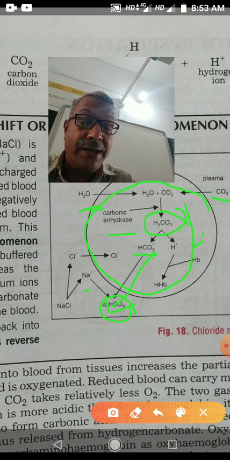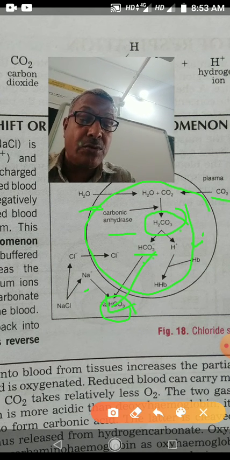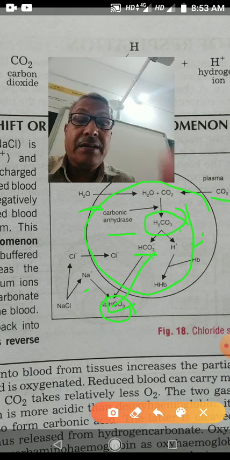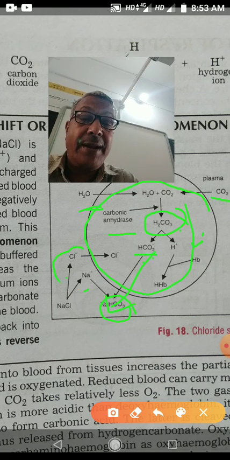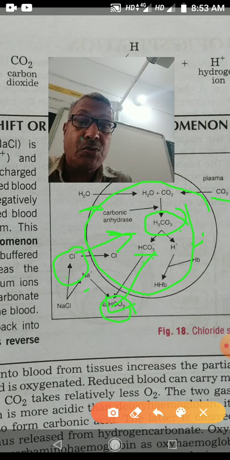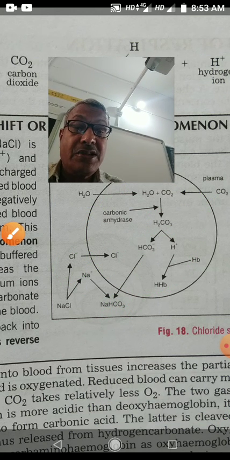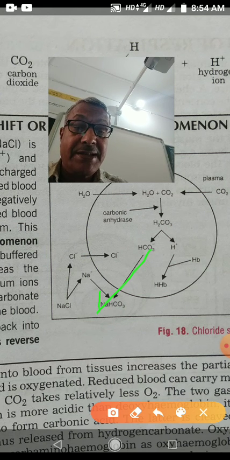So when hydrogen carbonate ion moves out of red blood cells into the plasma, then negatively charged chloride ion from the plasma moves into the red blood cells, because one negative ion, hydrogen carbonate ion, is moving out into the plasma from the red blood cells.